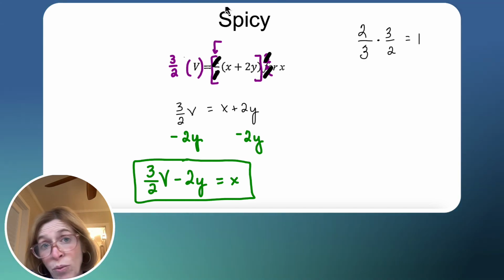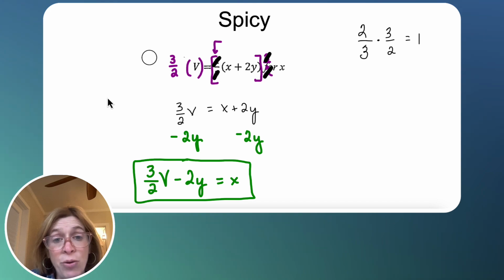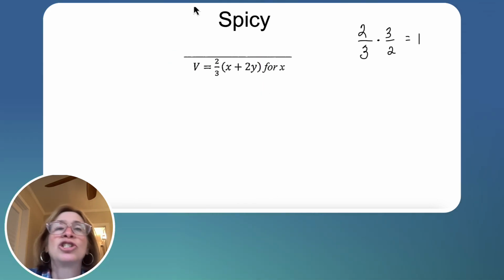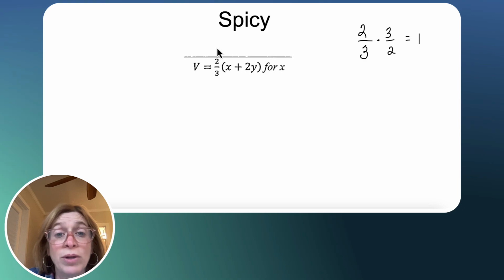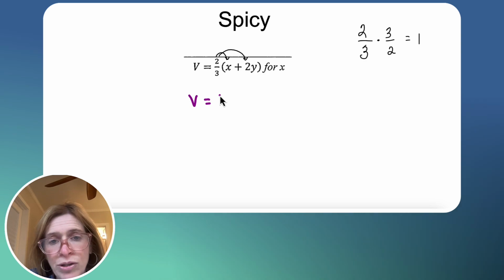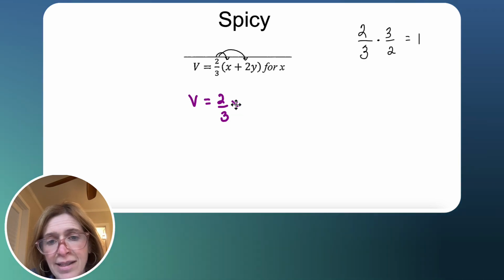All right, so that's one way to approach this problem, but there is another way. Often, I think you see parentheses and you just jump to wanting to distribute or multiply through. So I'm going to do that. So that's going to give me v equals 2/3 x plus 4y over 3.